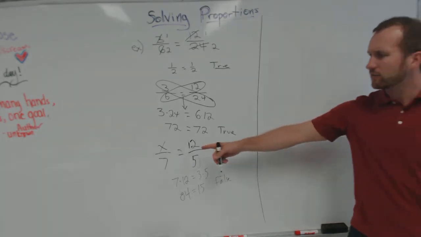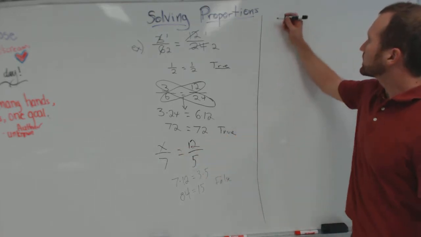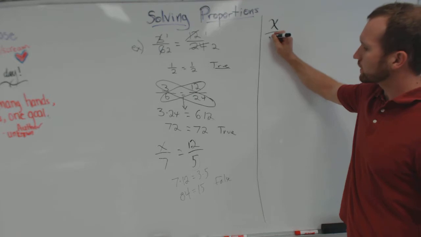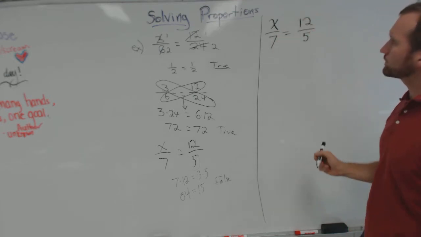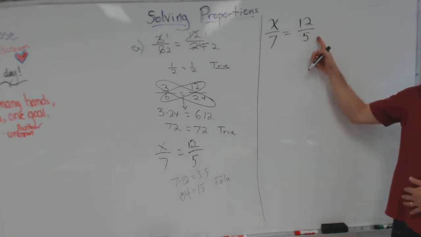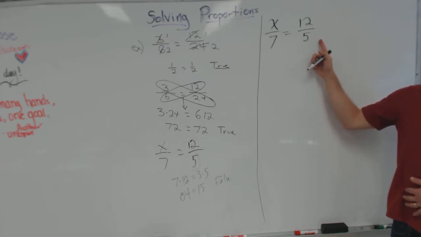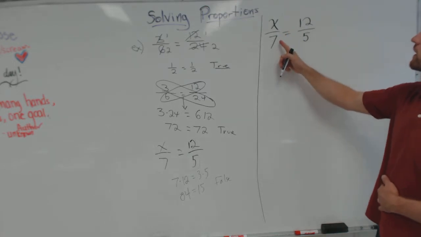What would x have to be so that this proportion would be true? So now I have x over 7 equals 12 over 5. And the way you're going to solve this is to first reduce if you can, but I can't, and then cross multiply. And what will we get when we cross multiply?